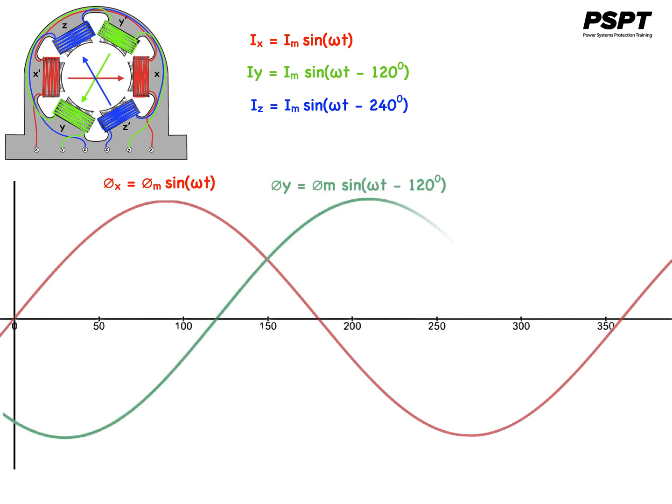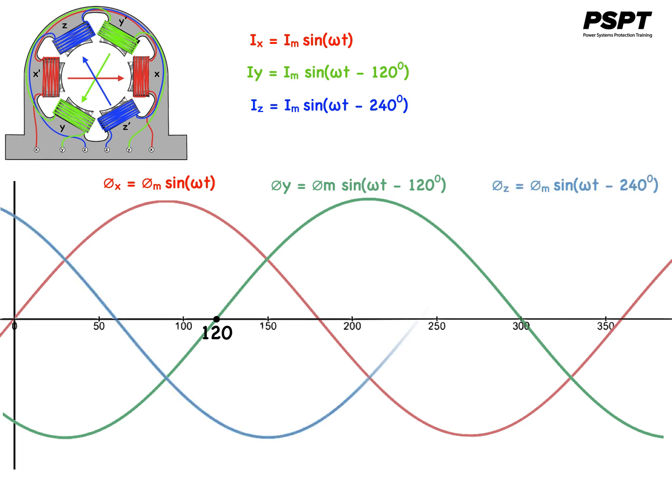Phi y is equal to phi m sine omega t minus 120 degrees, delayed from I X by 120 degrees. And phi z is equal to phi m sine omega t minus 240 degrees, which means it is delayed from I X by 240 degrees.